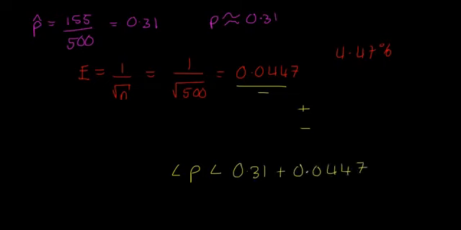So because of our sample size, there's a margin of error that it could actually be a little bit bigger, or else it could be 0.31 minus 0.0447. So because of our sample size, we could actually be a little bit smaller, and our sample just happened to have a few more people than normal doing it.